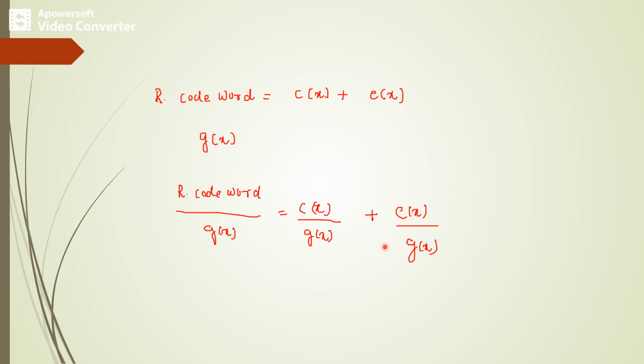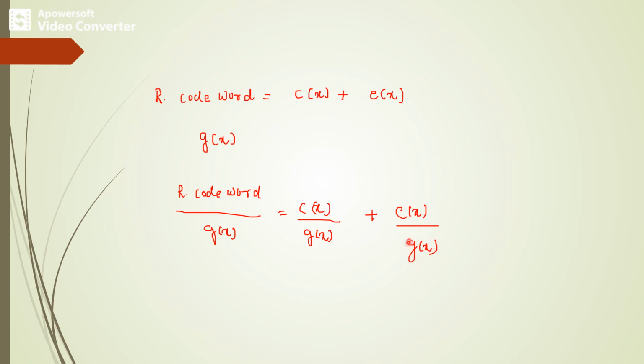Sometimes what happens is that the error is divisible by g of x. In that case, even if the received code word has an error at the destination side, since it is divisible by g of x, such kinds of errors are not caught.